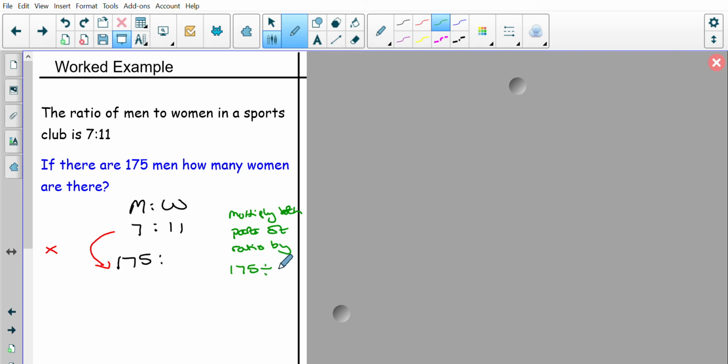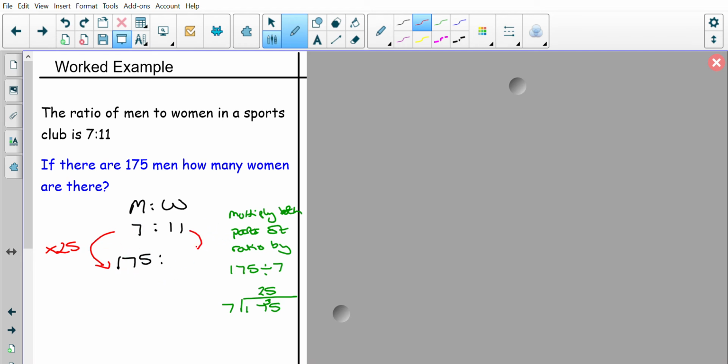Let's do 175 divided by 7. So 175 divided by 7, if we haven't got a calculator, we could do a quick bus stop to work that out. 7's into 17 is 2, and 2 remainder 3, and 7's into 35 is 5. So I now know that if I do 7 multiplied by 25, I'll get to 175.